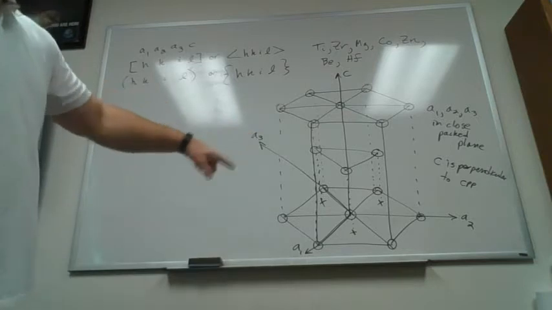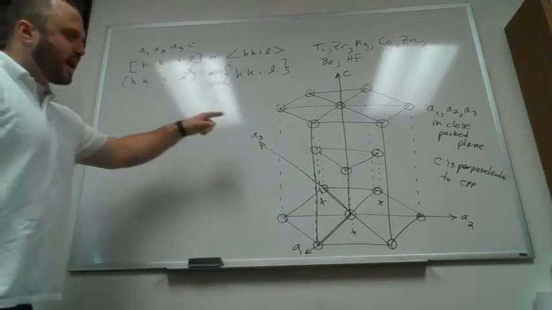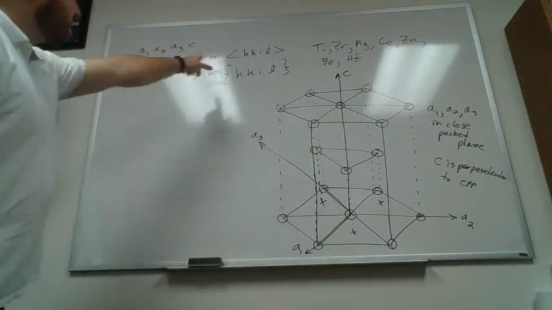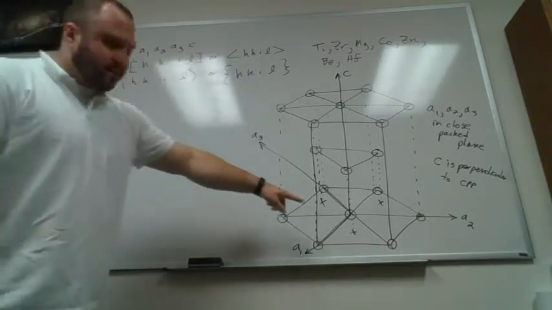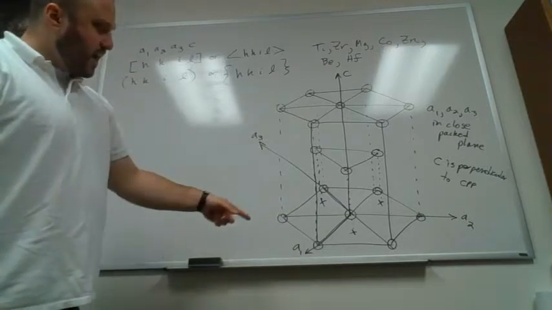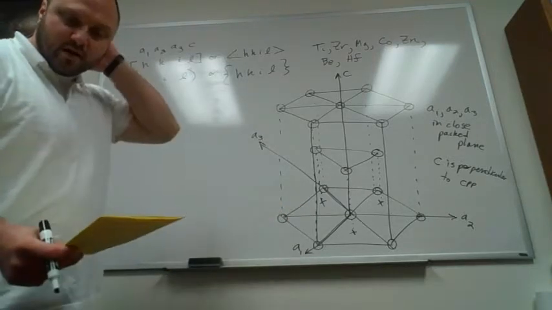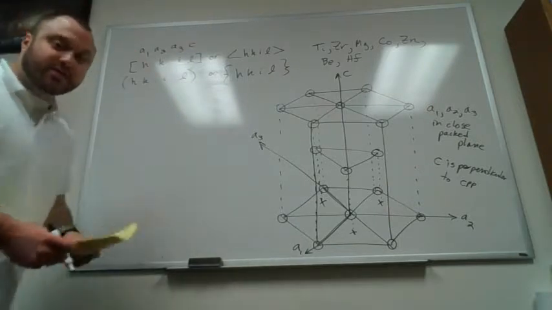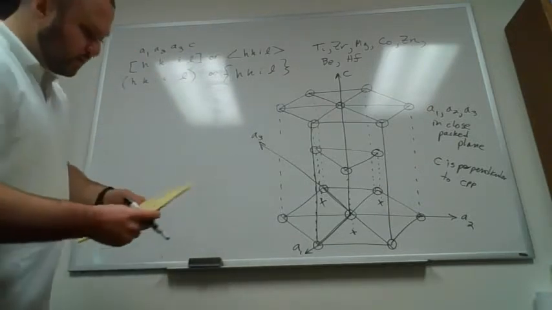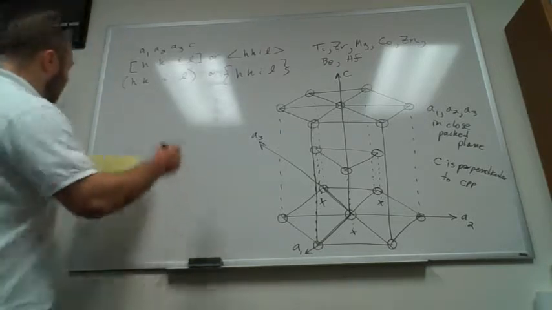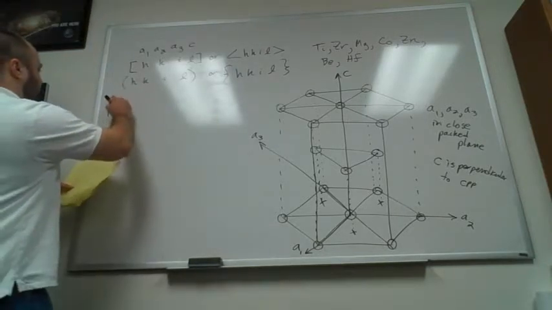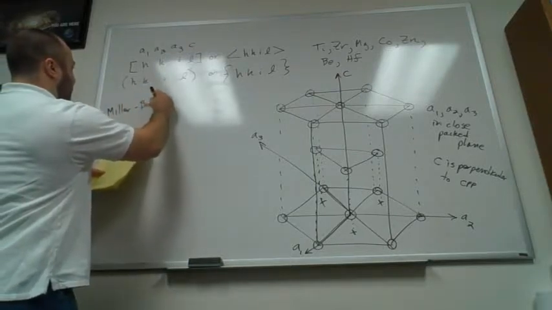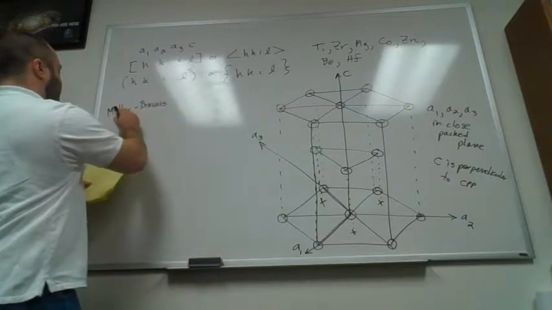There's one added complication here. So before, when we had all of our axes being orthogonal, we didn't have to worry about which things we choose here. But now we have a situation. A1, A2, and A3 are not independent of each other. They're all related in some way. So I can't just pick any number I want for them. So I actually have to set a rule, and I have to use what are called Miller-Bravais indices.